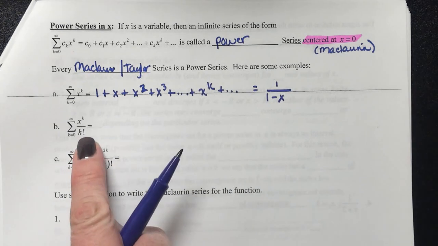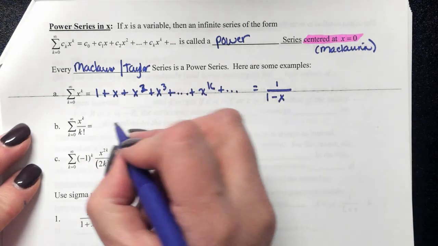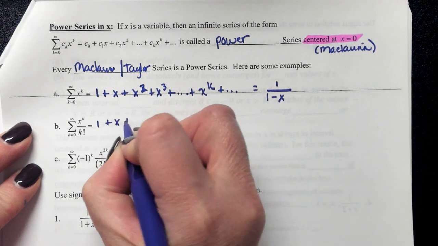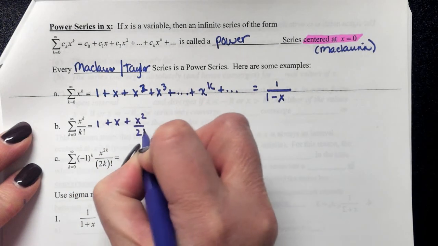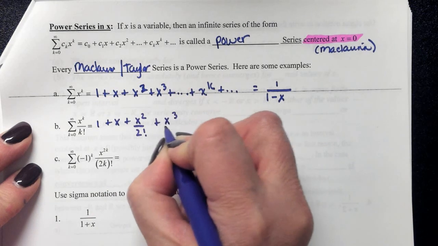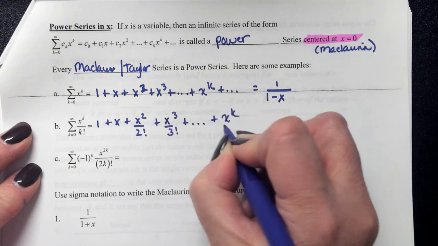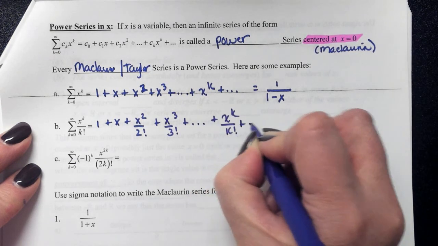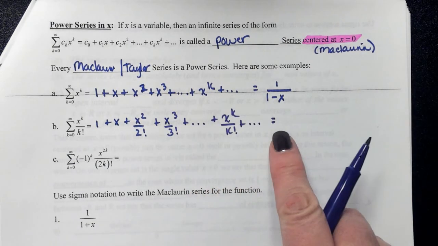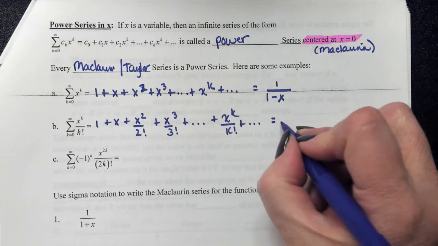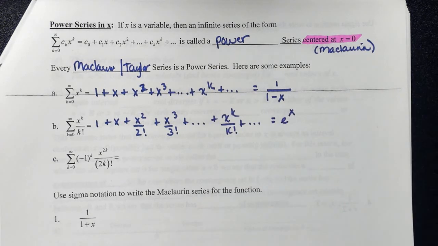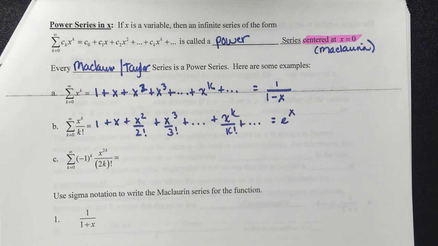X to the k over k factorial is actually 1 plus x plus x squared over 2 factorial plus x to the third over 3 factorial plus your dot dot dot plus your x to the k over k factorial plus dot dot dot. And this one's equal to what? Remind me again? E to the x. So we also call this the Maclaurin power series.